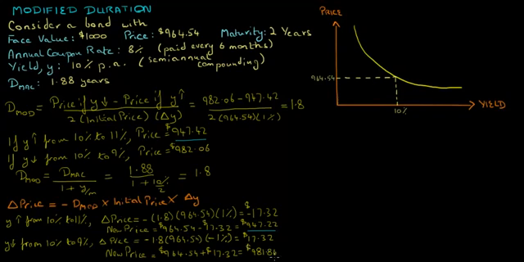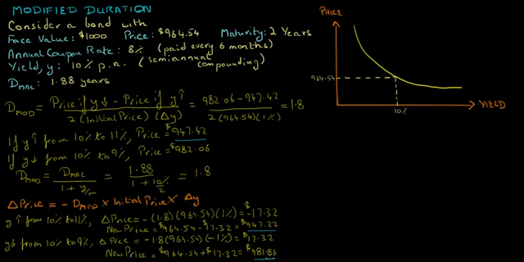Again, we can see that duration has done a fairly good job in estimating the price change, but this $981.86 estimated using modified duration is again less than the actual new price of $982.06 when yield declines from 10% to 9%.